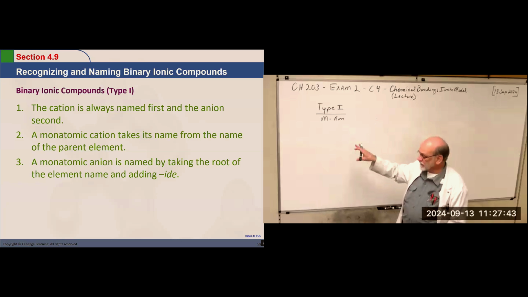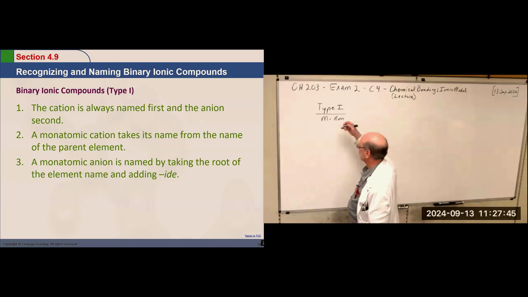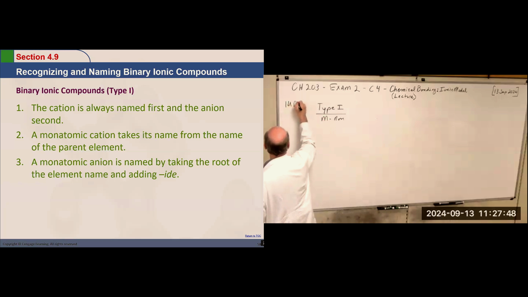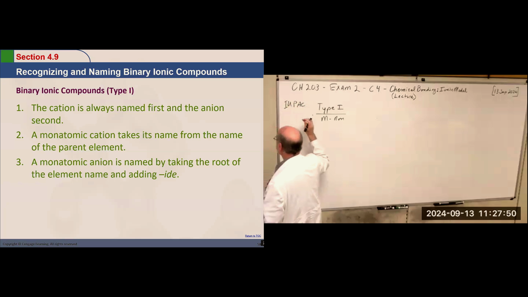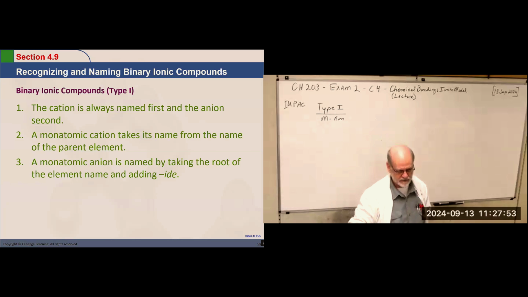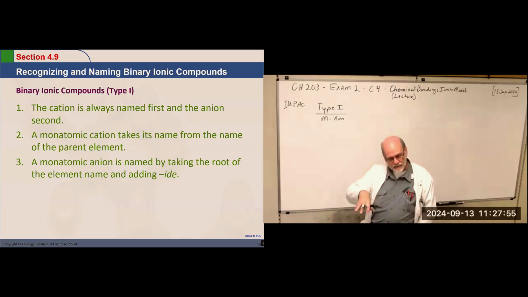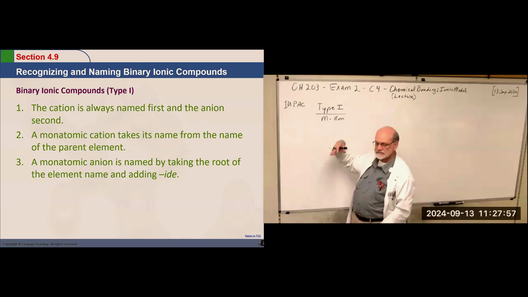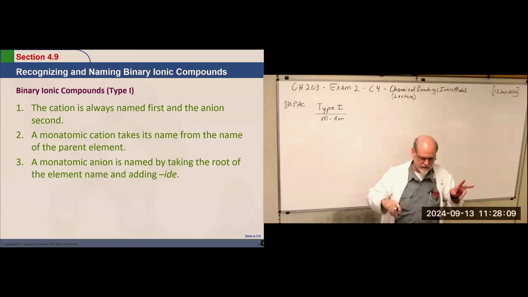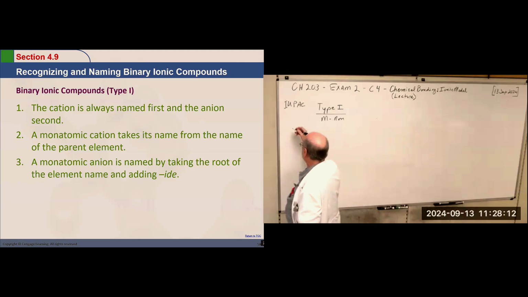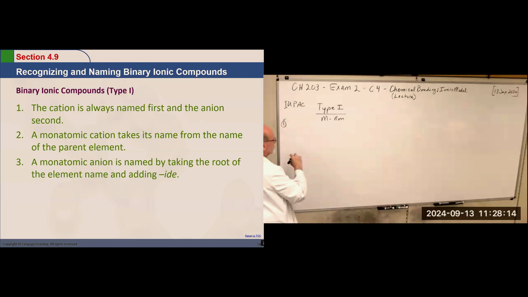Right. This system was set up by IUPAC, International Union of Pure and Applied Chemists. They have a subcommittee that does nothing but figure out how to name compounds. Okay. And they came up with this system, the type 1 compounds, and there are 2 overriding rules, if I can remember what they are. Let's see, one is the name must be unambiguous.